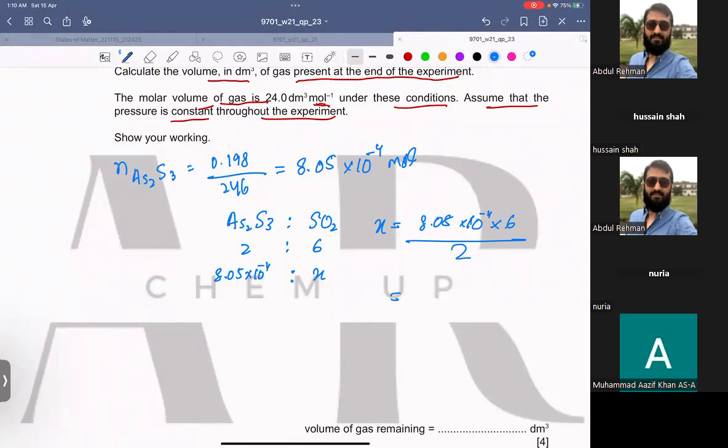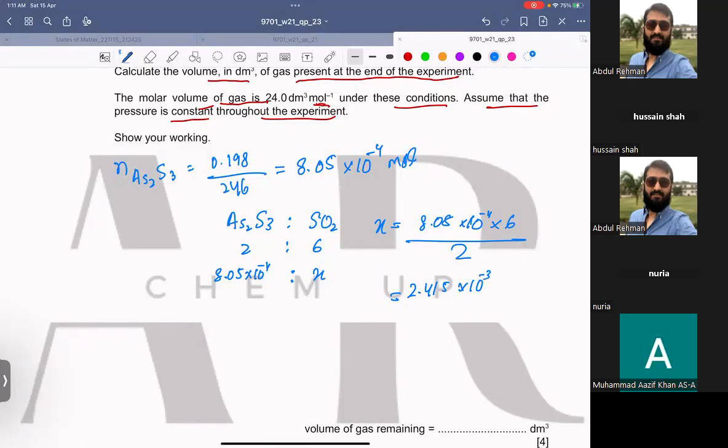2.415 times 10 to the power minus 3. Okay, so here I got the moles.